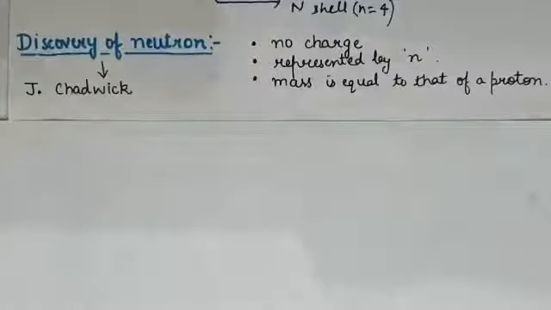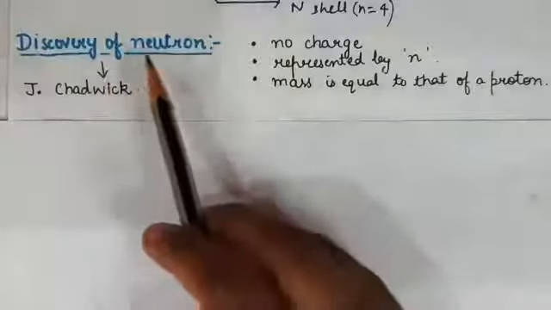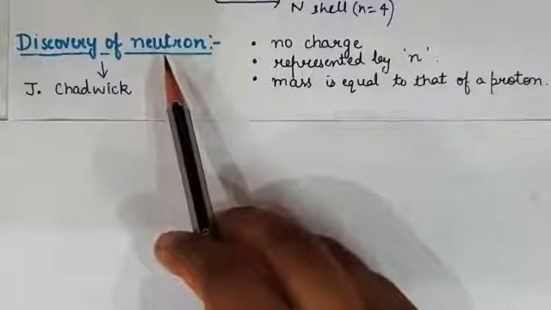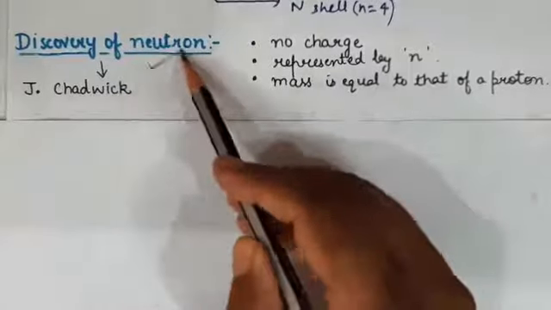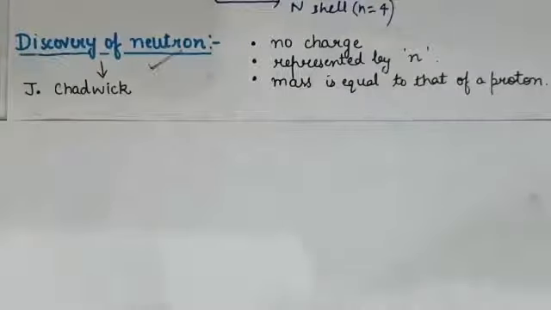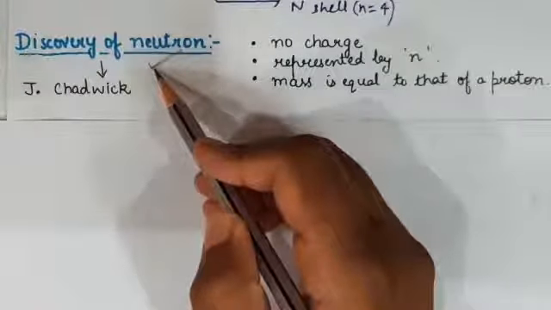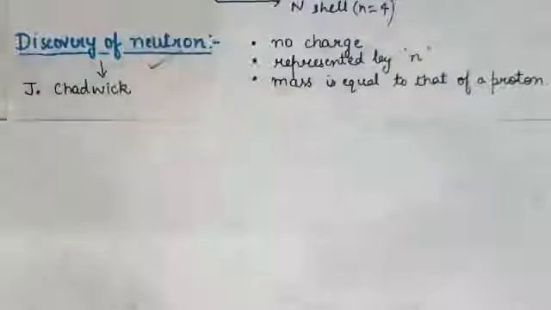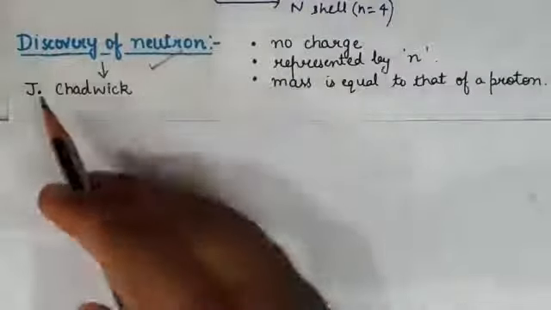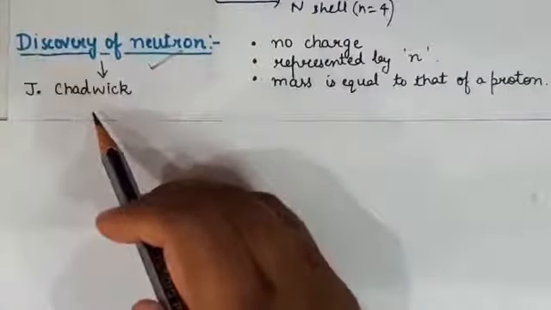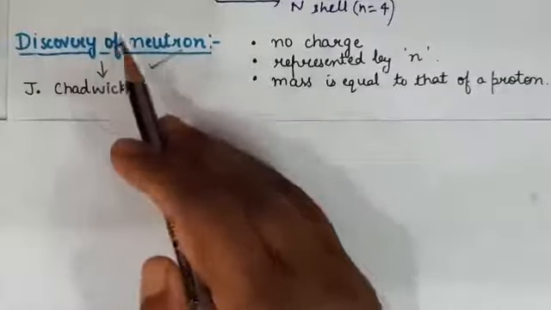Students, in the previous lectures, we discussed the discovery of electron and proton. Now, after Bohr's model was discovered, there was a discovery of another subatomic particle that is called neutron. This neutron, the subatomic particle of an atom, was discovered by a scientist named J. Chadwick.